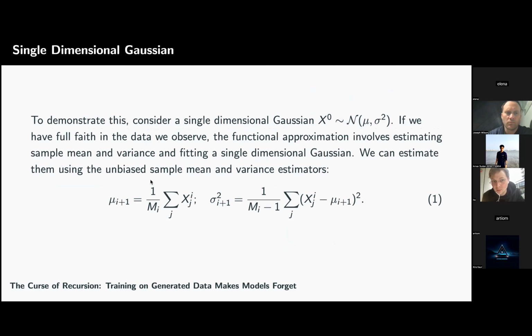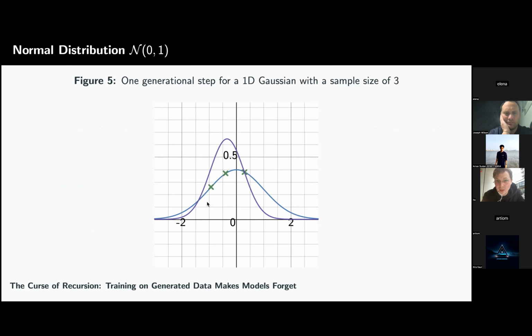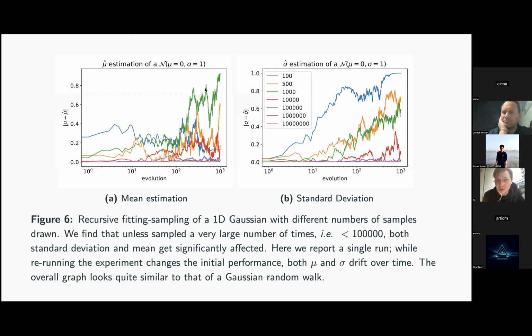So here we're talking about how many data points we have in order to compute the mu estimation plus the sigma. In this plot, we're trying to estimate a normal distribution with mu 0 and sigma of 1 with a different number of data points. The blue line here is 100 data points, the orange line is 500, and so on. And on the x-axis, we show the evolution number.